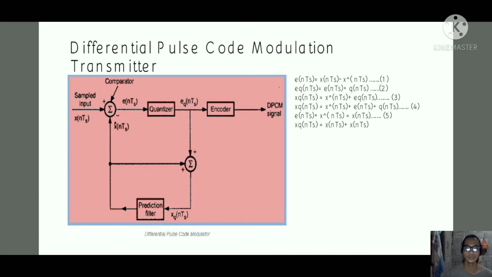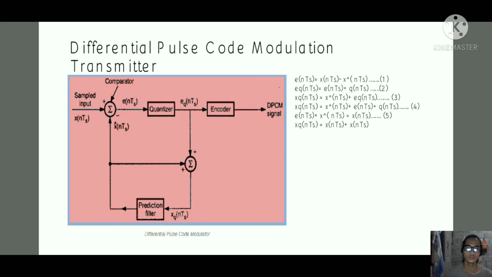This signal is denoted by x_q of nTs. This makes the prediction closer to the actual sample signal. The quantizer error signal e_q of nTs is very small and can be encoded by using a small number of bits. Thus, the number of bits per sample is reduced in DPCM.